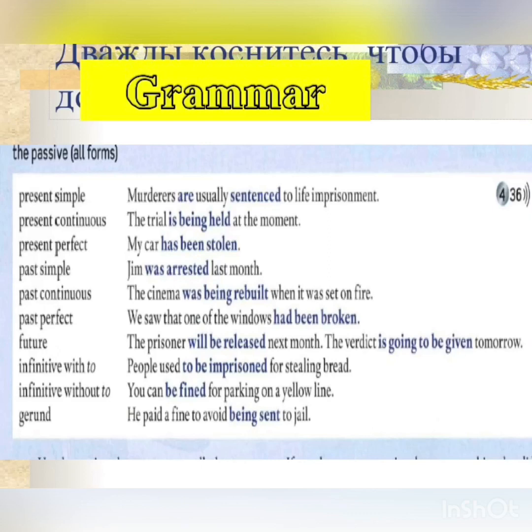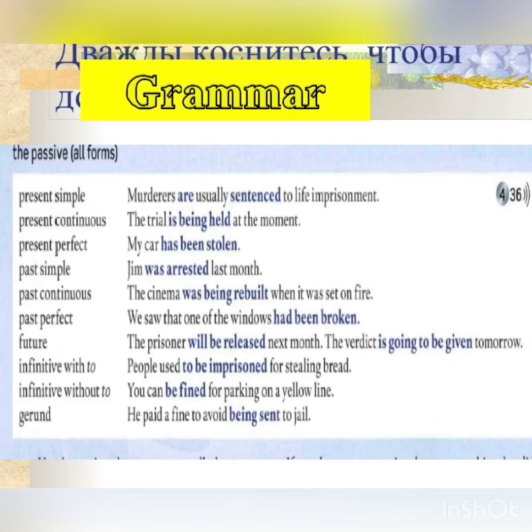Infinitive without to. So we should use them with a modal verb. You can be fined for parking on a yellow line. Great. Gerund. He paid me a fine to avoid being sent to jail.